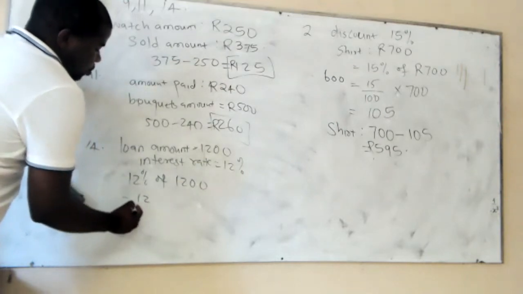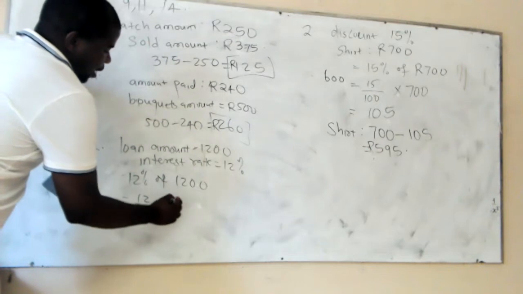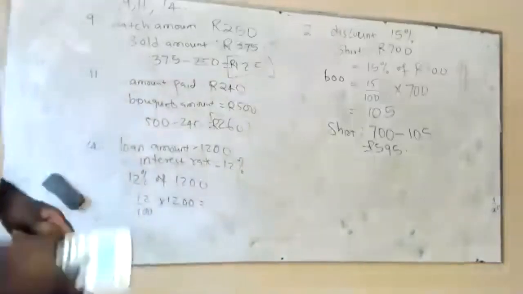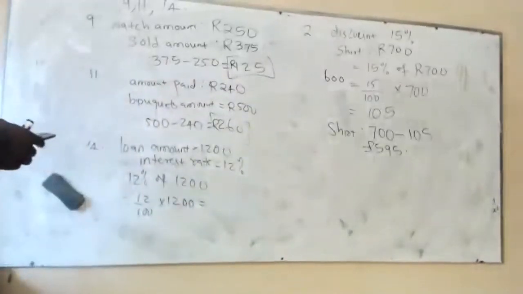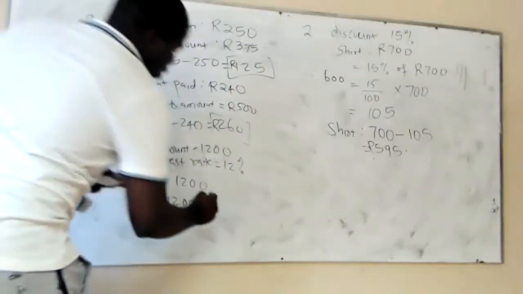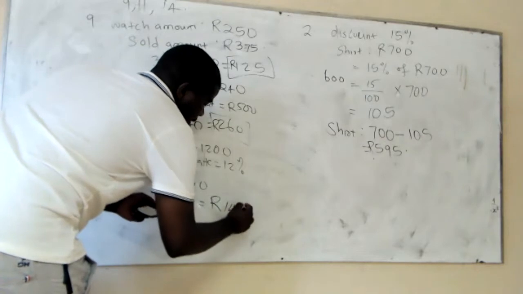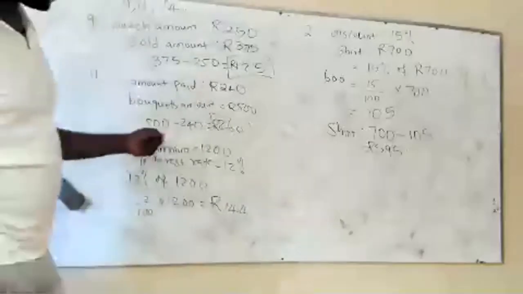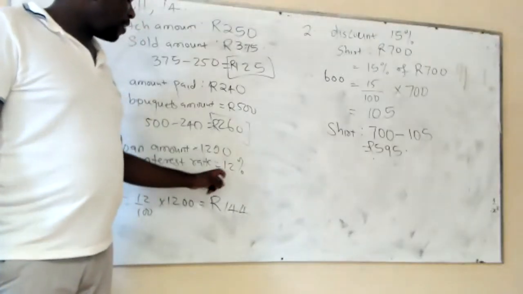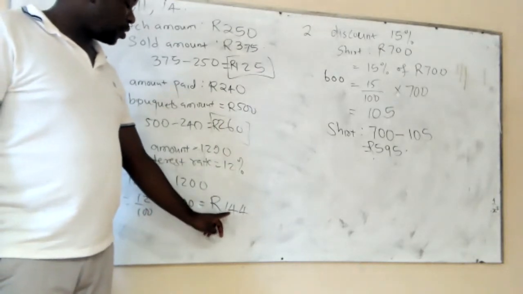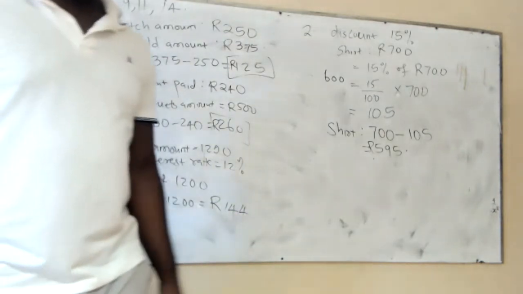So this is going to be 12 divided by 100 multiplied by 1,200, which is going to give you an amount of 144. So it means if you go to the bank and take a loan of 1,200 and they charge you an interest rate of 12%, they are going to benefit 144 rand out of the loan you took.